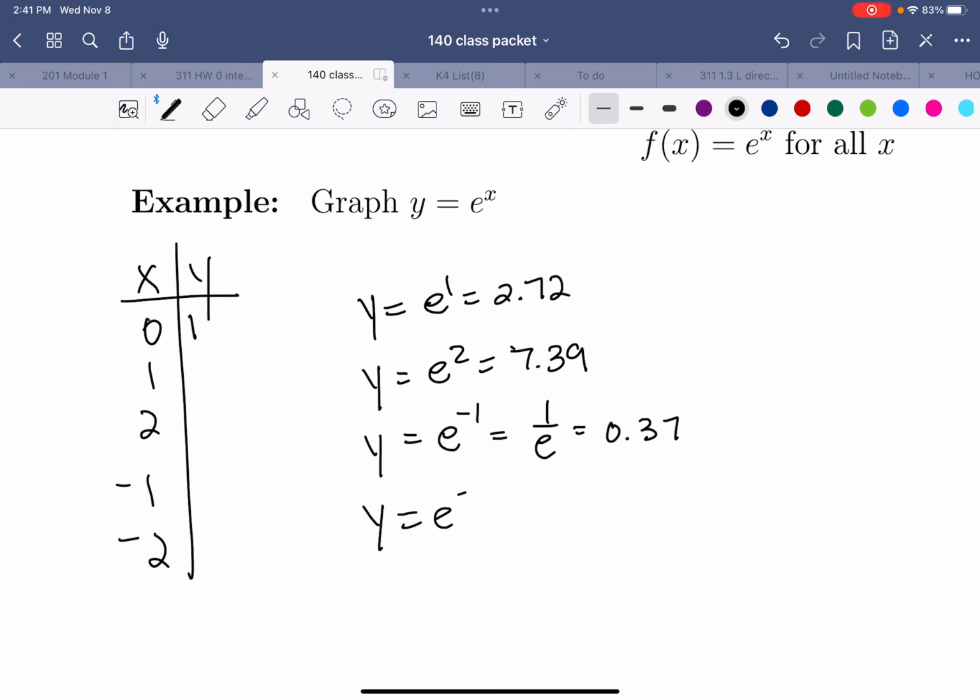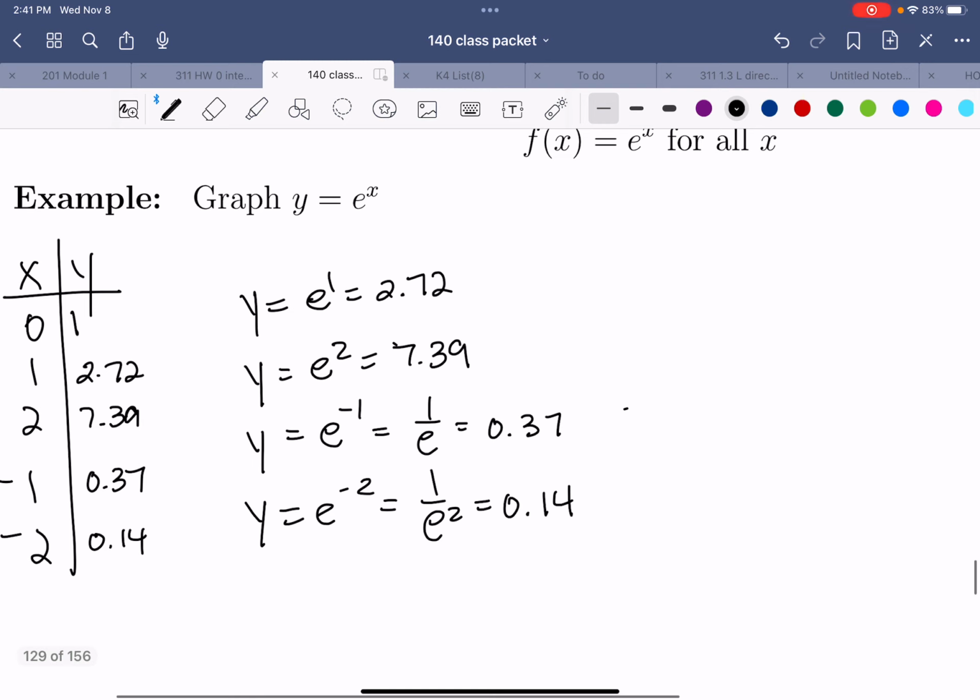If you plug in negative 2, then you get 1 over e squared, and that's going to be 0.14. So we have 2.72, 7.39, 0.37, and 0.14.